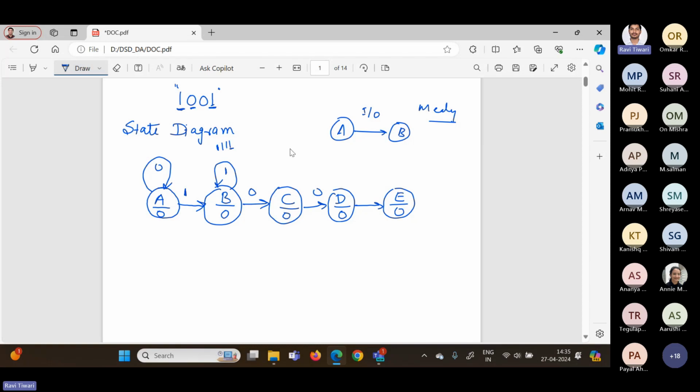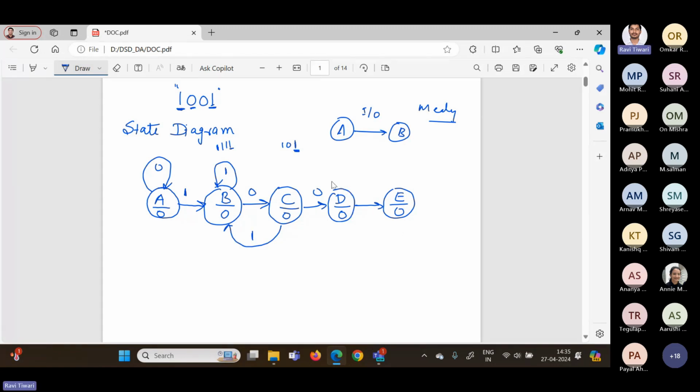Now, if you are in the state C, that means we have 2 bits correct, that is 1, 0. And after this, if I get 0, I will move to another state. But if I get 1, what will happen? In this scenario, we have only a single bit correct, that is 1, right? That means I have to move to the single bit correct state, that is B.